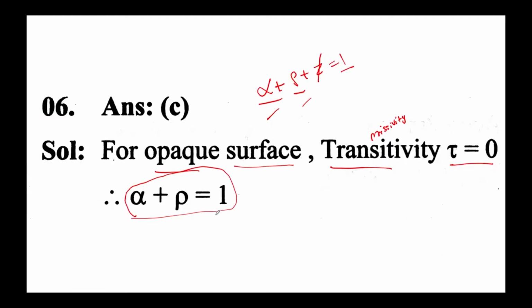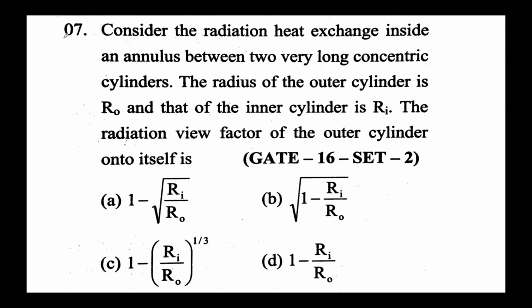We'll just move on to the next question. So here is the next question. Consider the radiation type of heat exchange inside an annulus between two very long concentric cylinders. There are two cylinders which are concentric with each other, and in general when you are given these kinds of questions, you can assume that both the cylinders are of the same length, right?